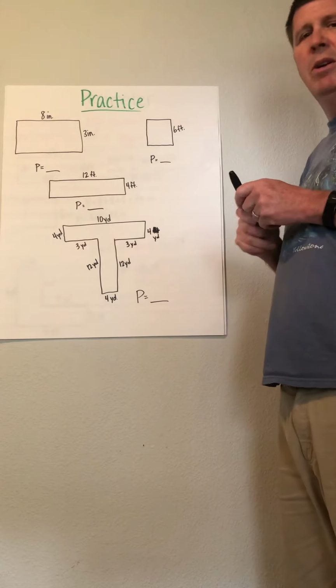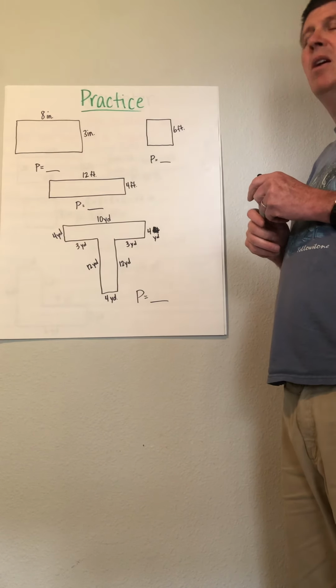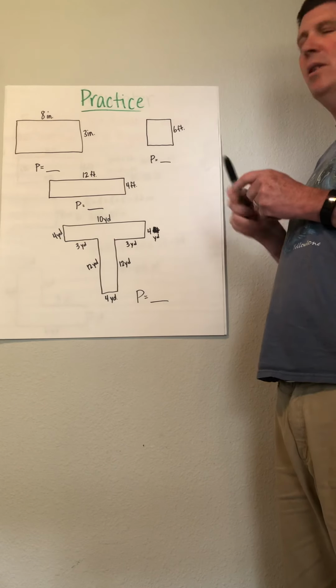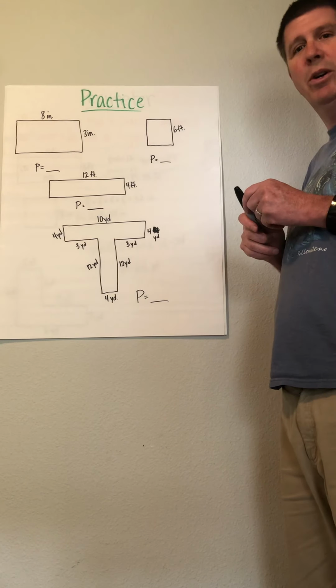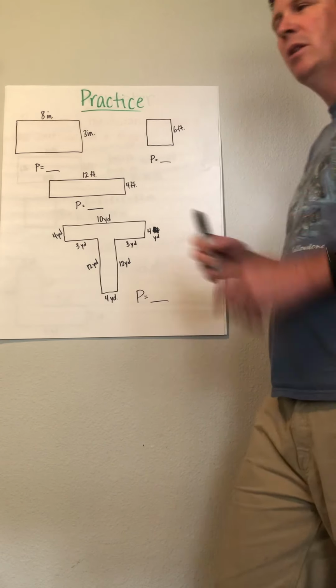There are 4 of them. And then figure out the perimeter. And then start the video again, and I will share with you the answers, and you can check your own work. So go ahead and hit pause right now.